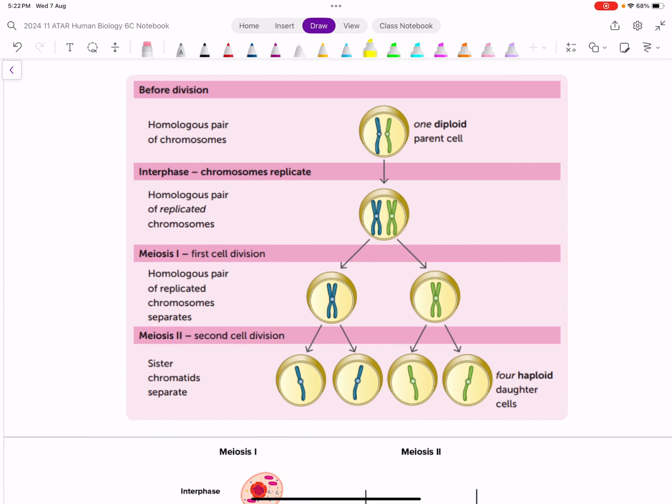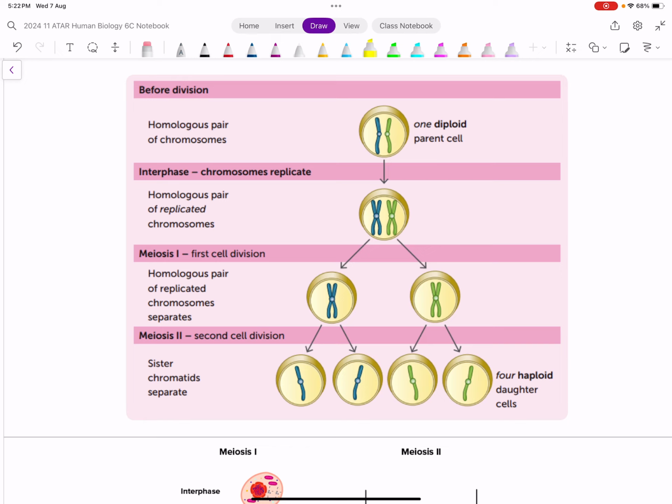Here is a very quick overview looking at that arrangement and how it moves throughout the meiosis process itself. So starting off, we have our one diploid parent cell. Our homologous chromosomes are replicated, so we end up with a copy of, say, our blue chromosome and a copy of our green chromosome.